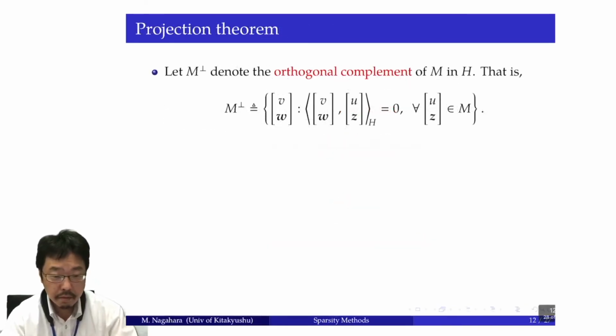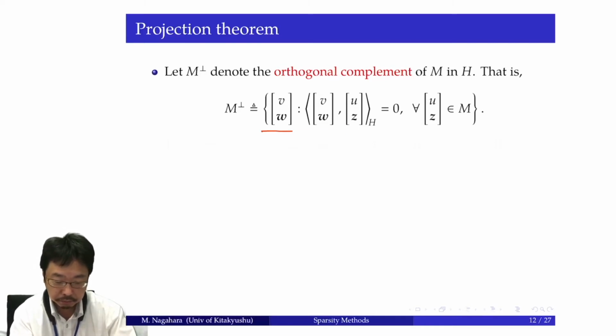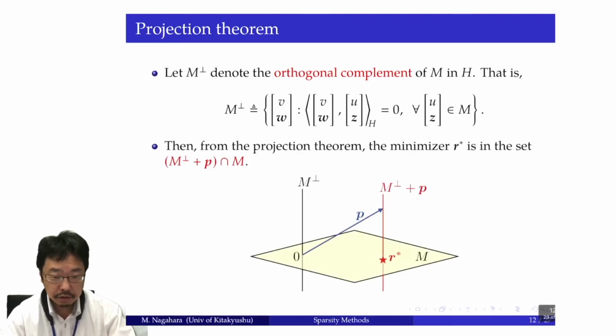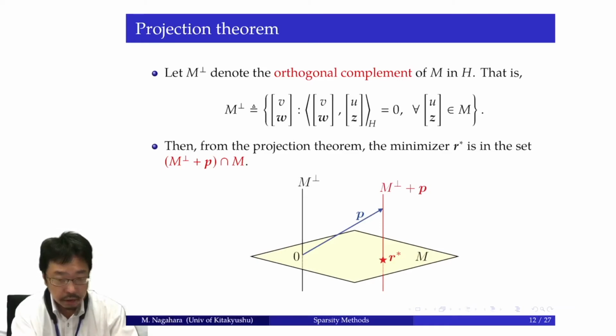Then let M perp denote the orthogonal complement of M in H. That is, M perp is defined by this. Then, from the projection theorem, the minimizer r asterisk is in the intersection of M perp plus p and M.